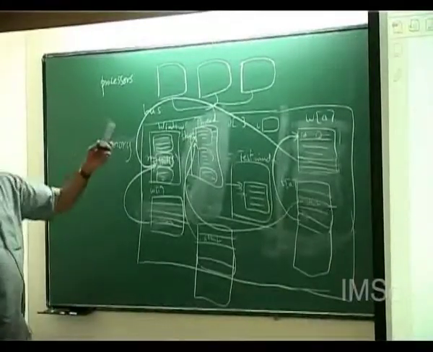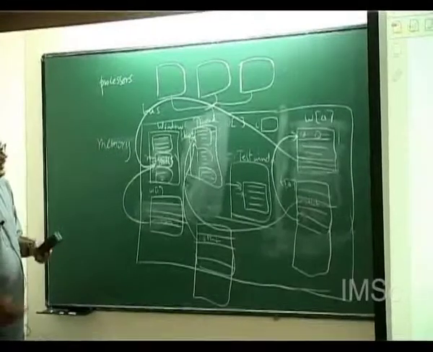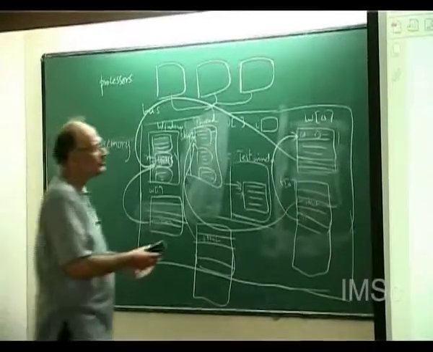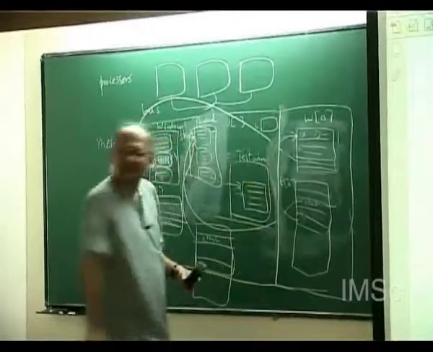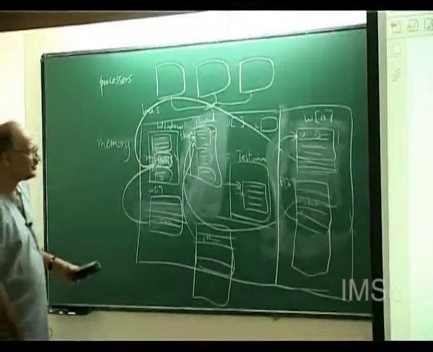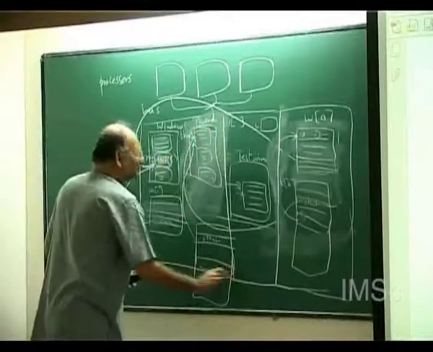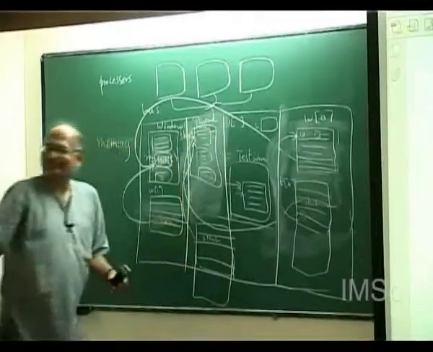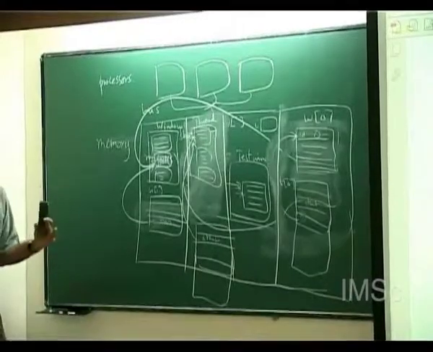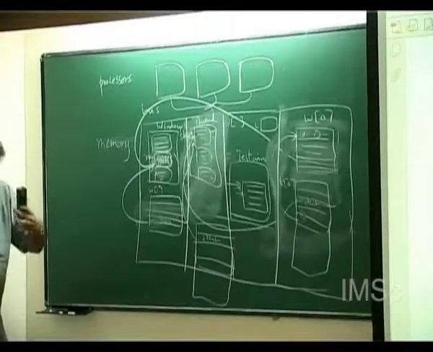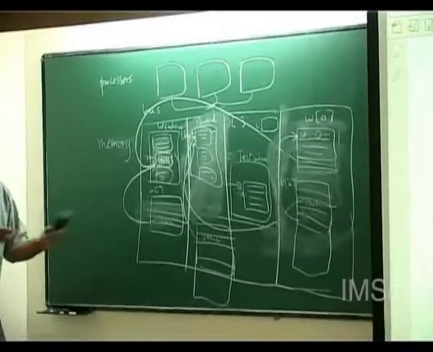In order for these things to make sense, what we have to realize is that actually the memory is not like this. Memory is partitioned. In a multi-core processor, memory could even be physically separate, but I'm not assuming that right now.